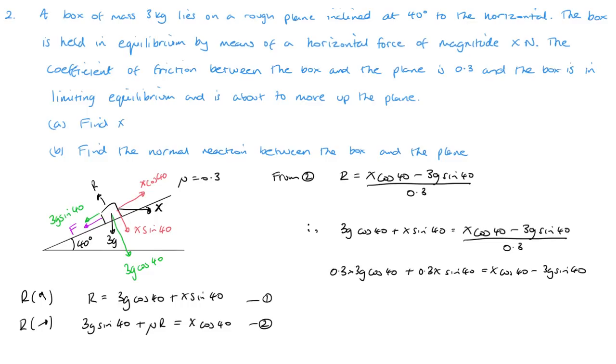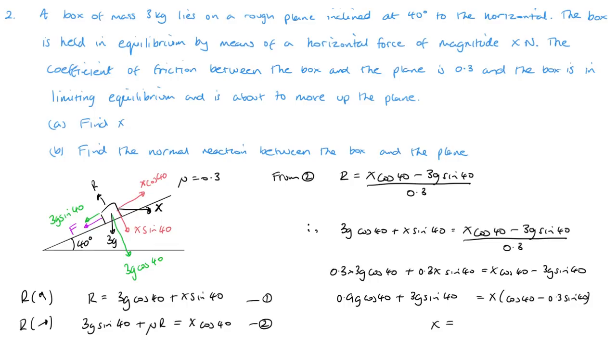Now get the x's onto one side and factorize out the x. We've got x is cos 40 minus 0.3 sine 40. And on the right hand side we've got 0.3 times 3, which is 0.9. So 0.9 g cos 40 plus 3g sine 40. From this one going this way and this one going this way, and then factorize it.